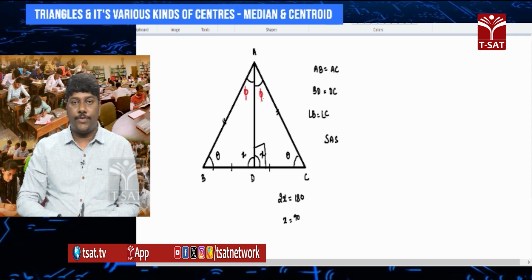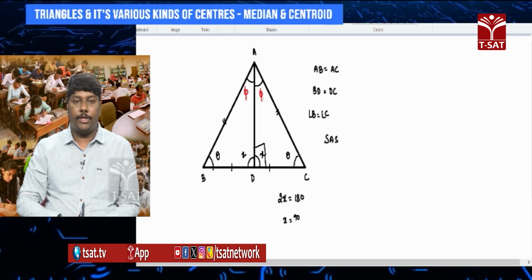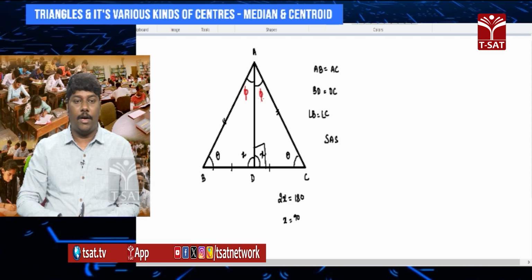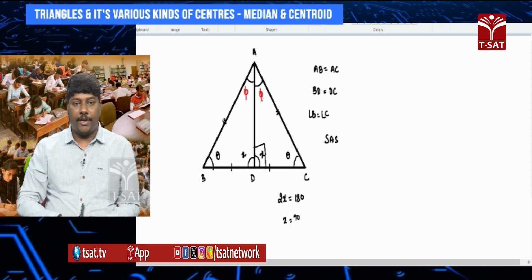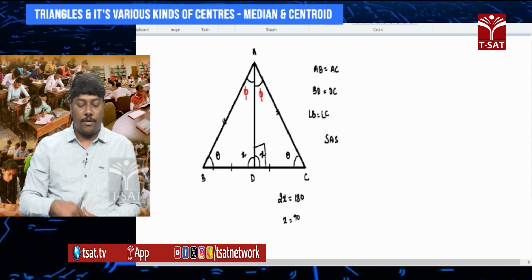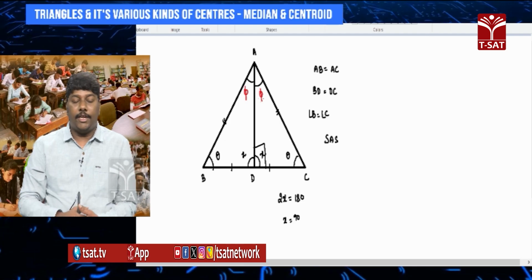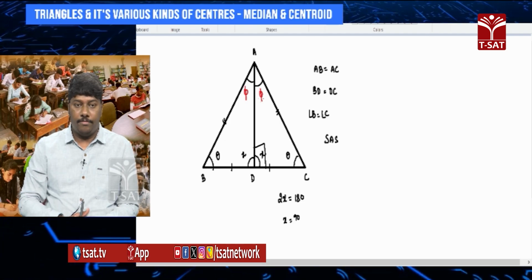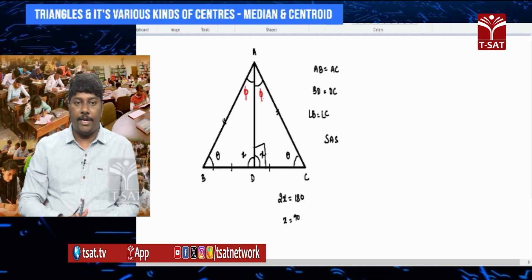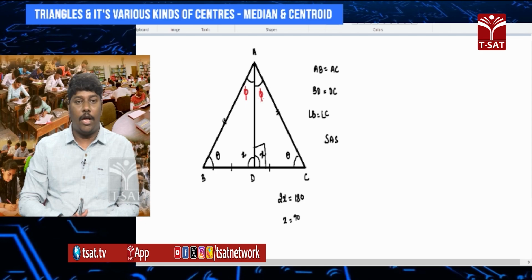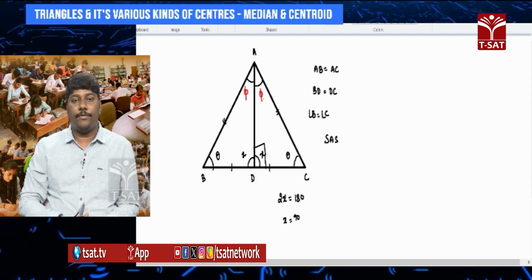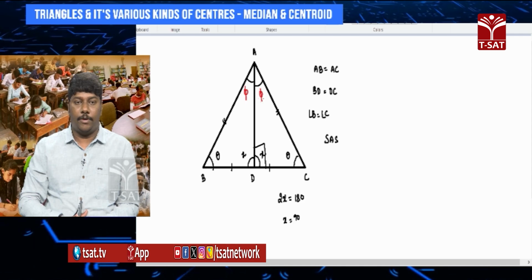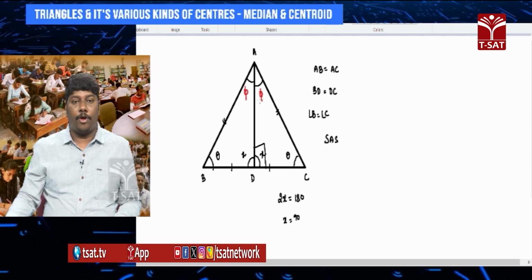In an isosceles triangle, if you draw a median, or else you draw an altitude or perpendicular bisector, all of them are actually the same: median, angular bisector, perpendicular bisector and altitude. All four of them are the same. All you need is that they give an isosceles triangle. Okay. So, we will come back to the problem here.